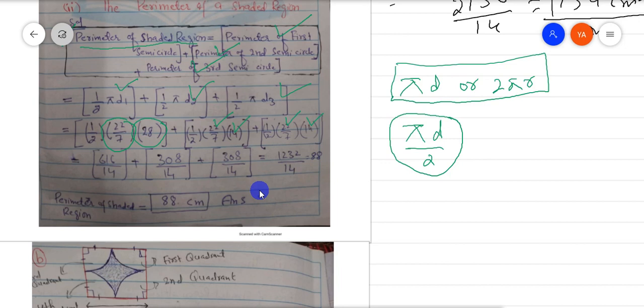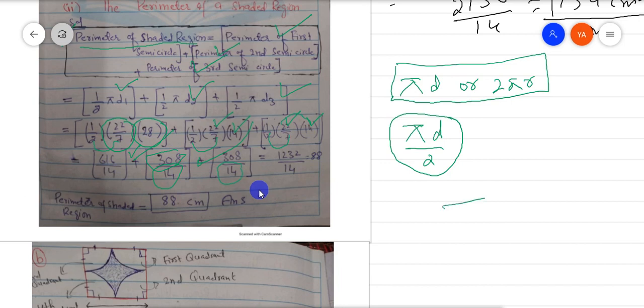Now whenever we multiply 22 with 28 and divide by 14, because 2 into 7 is equal to 14, it will be 616 divided by 14 plus again we multiply 22 with 14, it will be 308 and 2 sevens are 14, plus 22 multiplied by 14, again 308 and 2 sevens are 14.